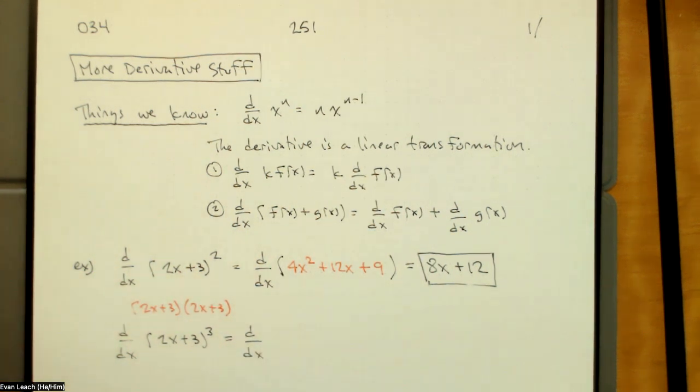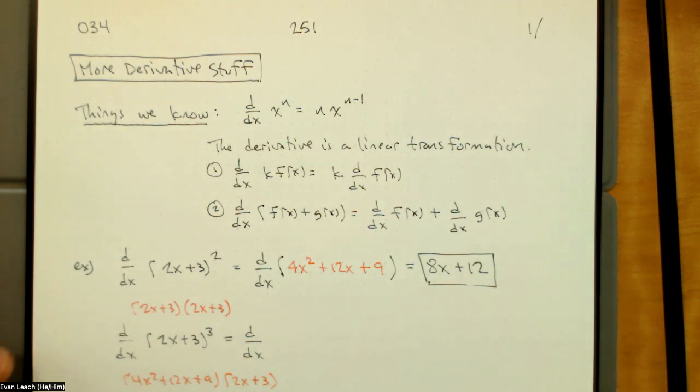I would just have to take the 4x squared, 12x, and 9 and multiply by another 2x plus 3. If I just throw on another power, it's not that much work to go into the cubic polynomial.